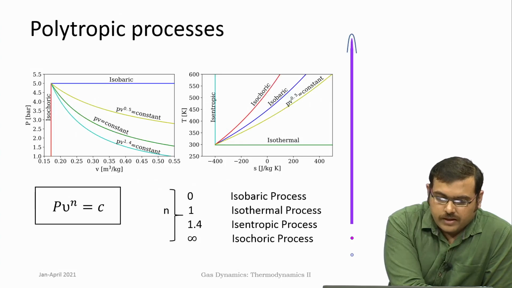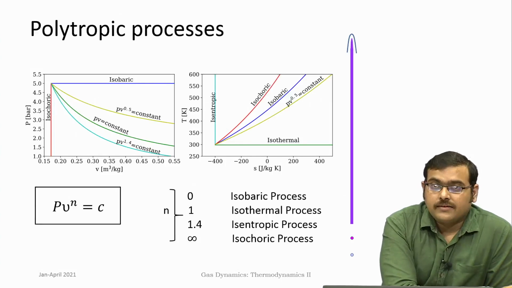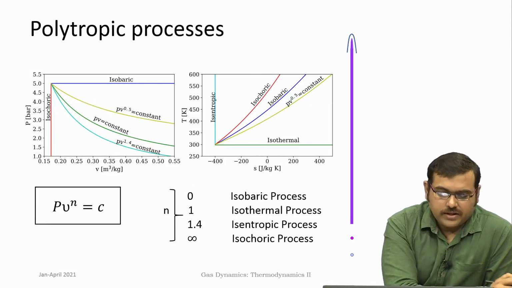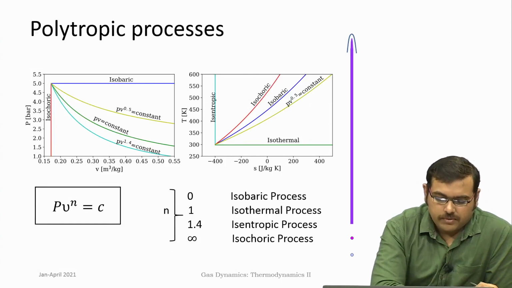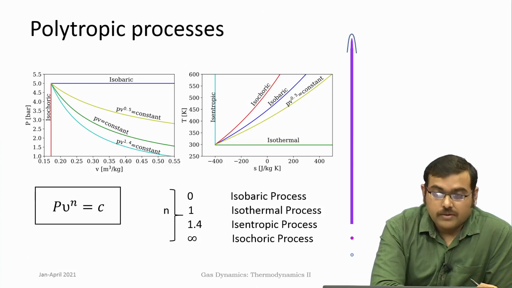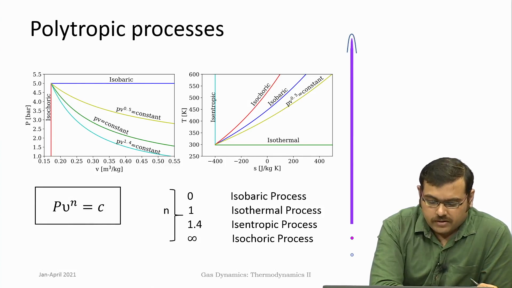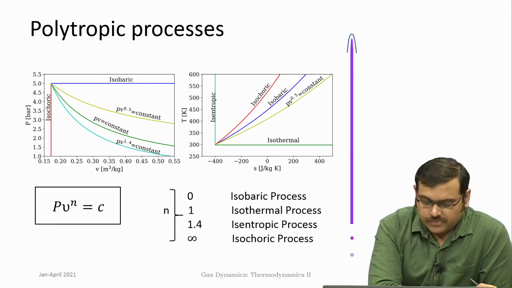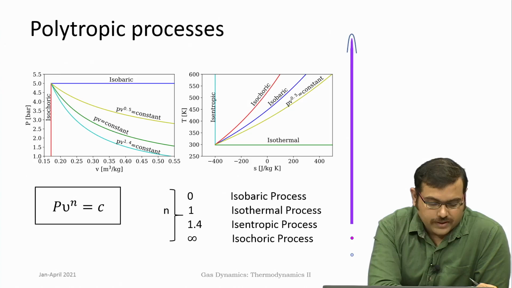So, you can also consider a generic description where it is like Pv to the power n equal to constant, a polytropic process, and the power n can be varied between different values starting from 0 to infinity. If n is 0, then P is equal to constant, because you will get v to the power 0 equal to 1.